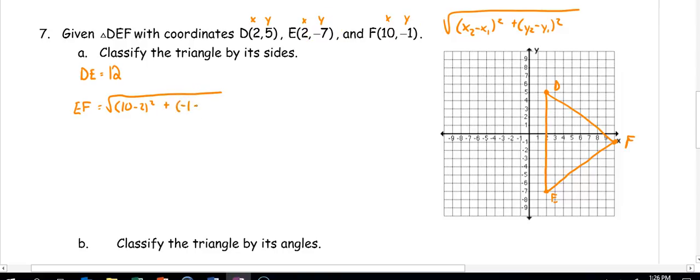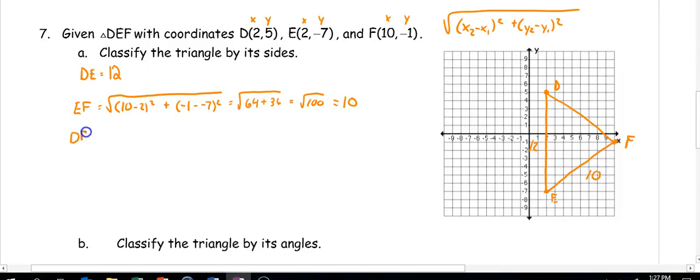So -1 minus -7 squared. So 10 minus 2 is 8, squared is 64. -1 minus -7 is 6, squared is 36. Remember, when we square the number, it doesn't matter if it was negative or positive, it's always going to become positive, which is the square root of 100, which is 10. So far we know this side is 12, we know this side is 10.